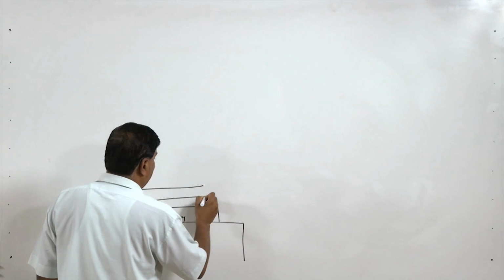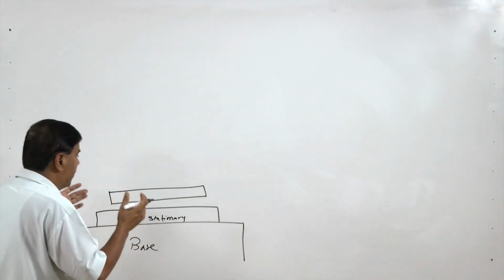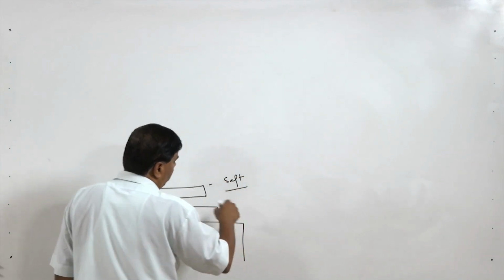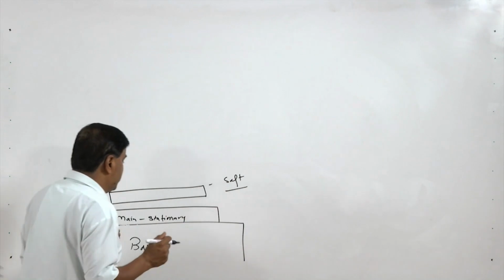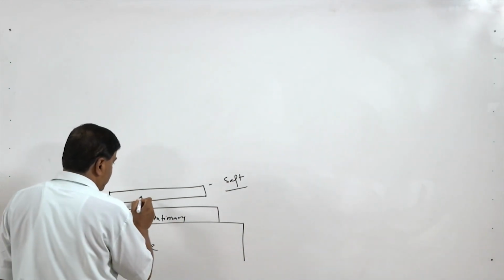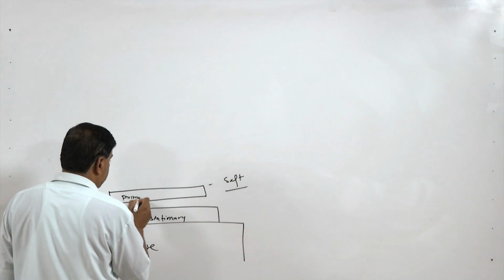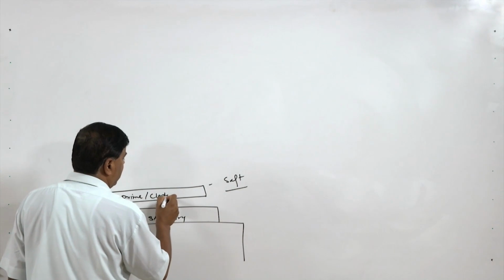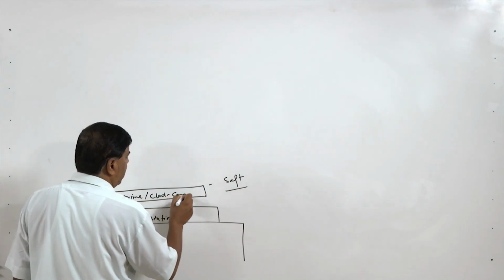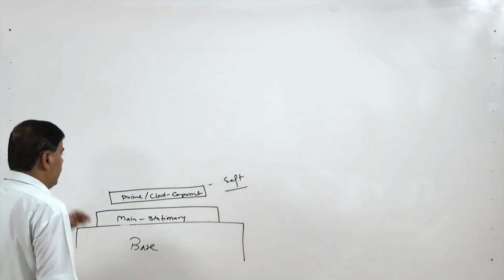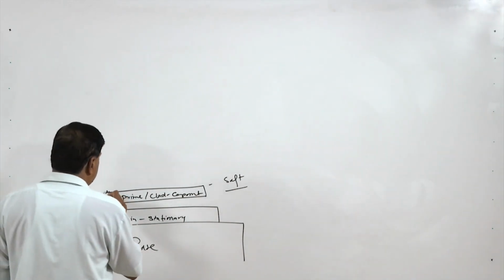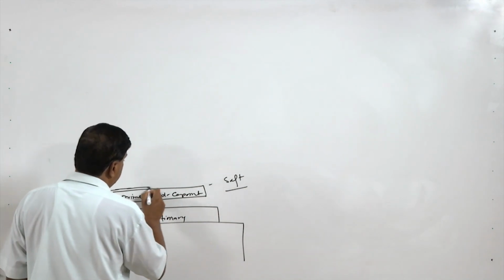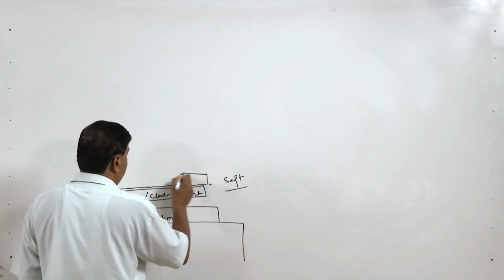It may be a cladding material or it may be another member. Normally this one is made of either a soft or any other cladding material which is to be joined. This is the prime or clad component. Over this, either the explosive is placed directly or sometimes we place one buffer layer.